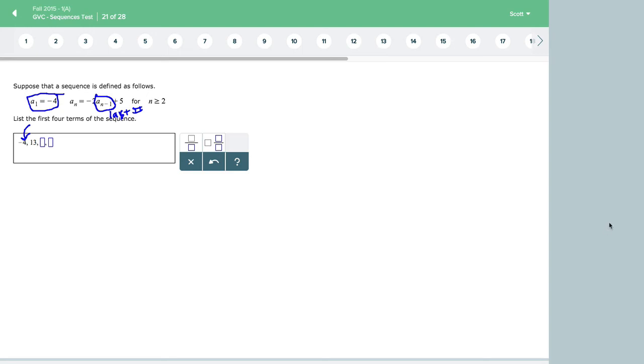Okay, now what's the last known number? And just treat this like a big X, like a variable or something like that. So now what's my last known number? Last known number is 13. So I do -2 times 13 plus 5, and we get -21.